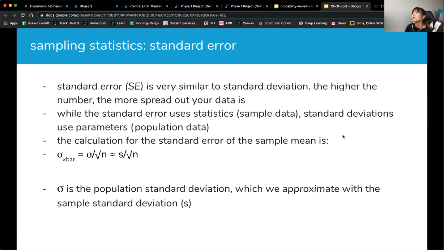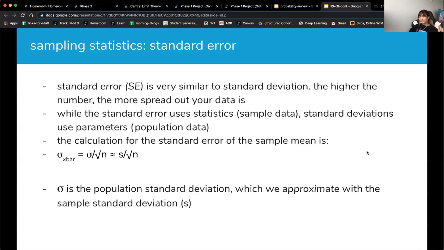The calculation for standard error: let me rephrase that, I said a bunch of random words.